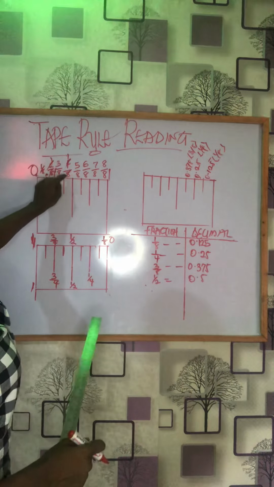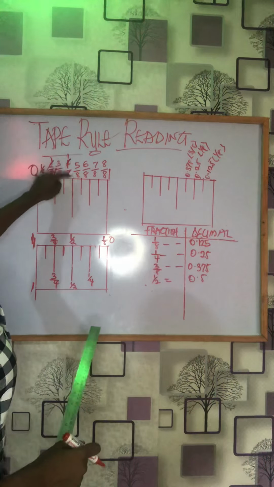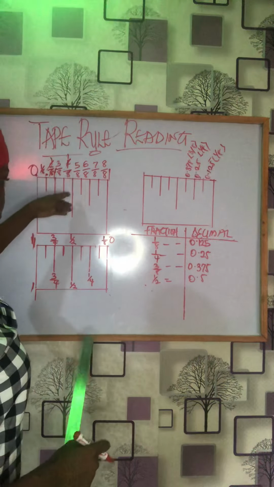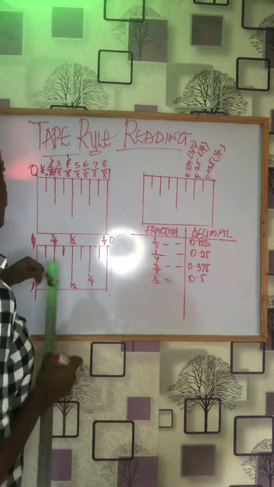Our 4/8 here, 4 here 1, 4 in it is 2, so that is the half. This line, half. Good.